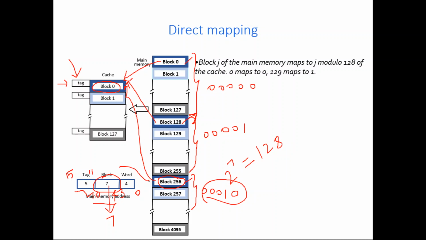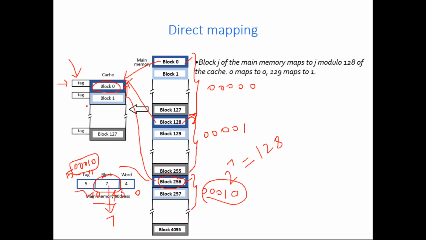Are you getting it? So this is how the cache circuitry will understand whether that particular block is in the cache or not. If the tag bit is 00010, it means the CPU is trying to access block 256 of main memory.